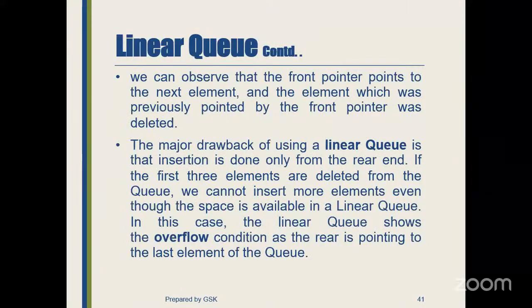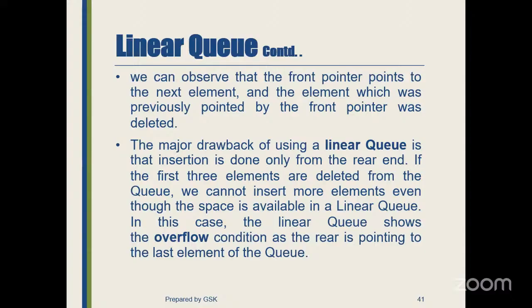The major drawback of using a linear queue is that insertion is done only from the rear end, as we covered. If the first three elements are deleted from the queue, we cannot insert more elements even though the space is available in the linear queue.